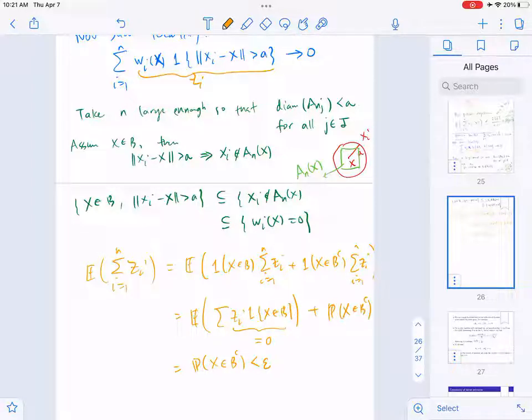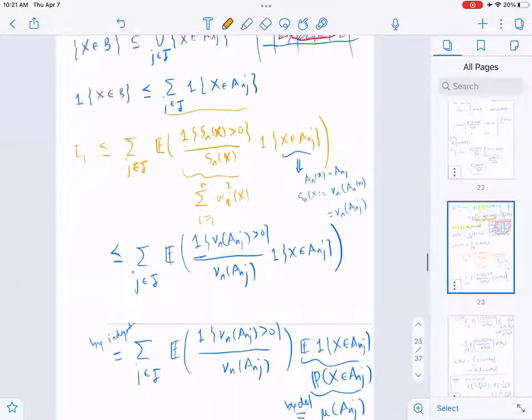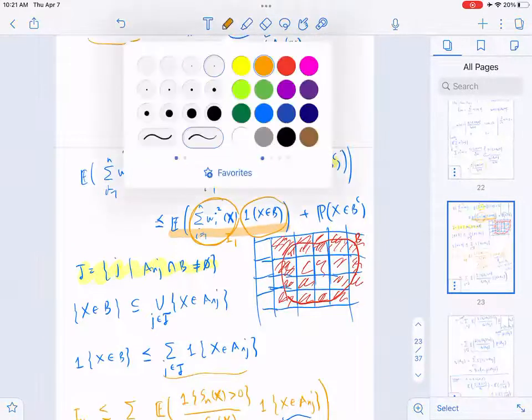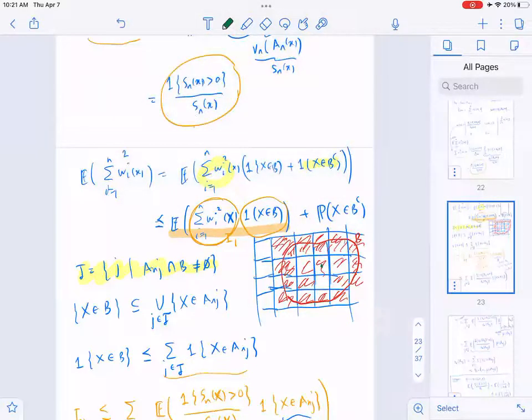Intuitively, I have X here, and if I put a ball of radius A for any A, all the other training points that are outside this ball, the sum of the weights has to go to 0. But for any A, I can make n big enough such that the partition cell for this is inside there, right? Then all the points that are outside here are not in this cell, so they automatically get weight 0. So the sum of the weights is definitely 0.